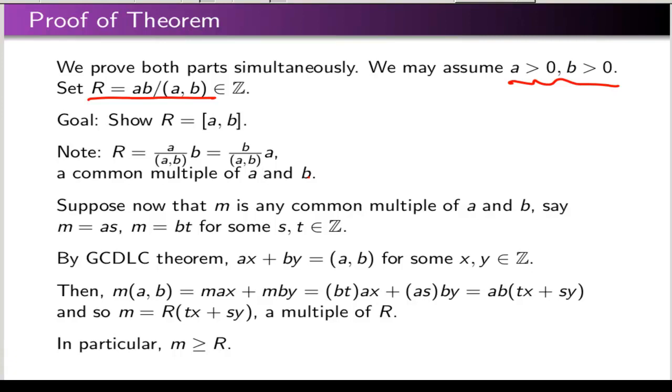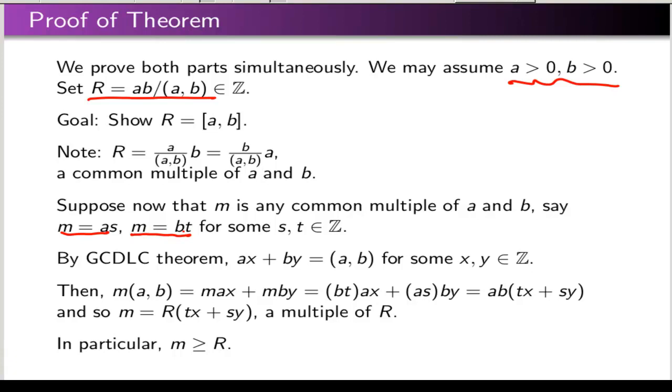Okay, so suppose now that M is any common multiple of A and B. Say M is A times S, and M is B times T for some integers S and T. And our goal is to do what?